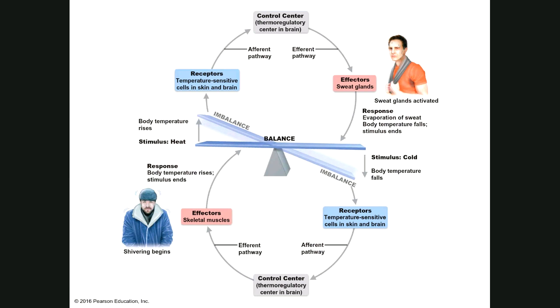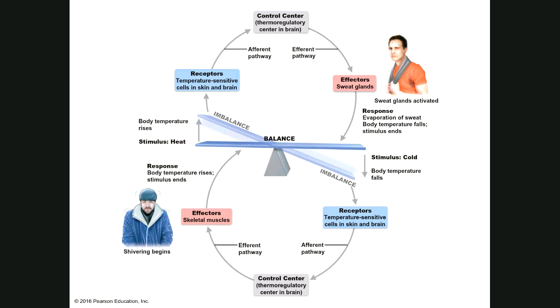Anyway, so the hypothalamus, which is in the brain, is going to send directions about a response on how to correct this increase in body temperature. So the control center sends output along what we call the efferent pathway. Efferent means we're going away from the center.